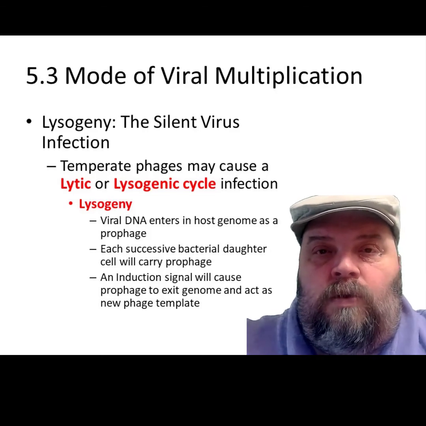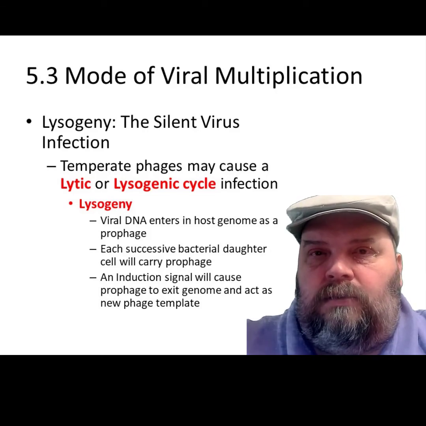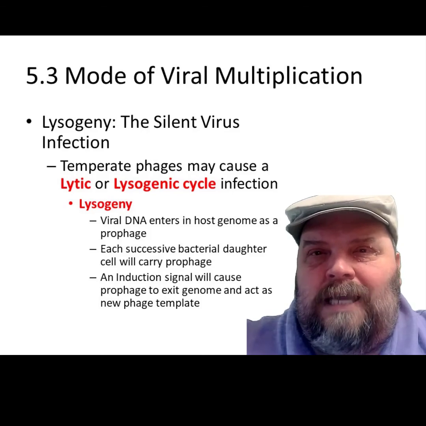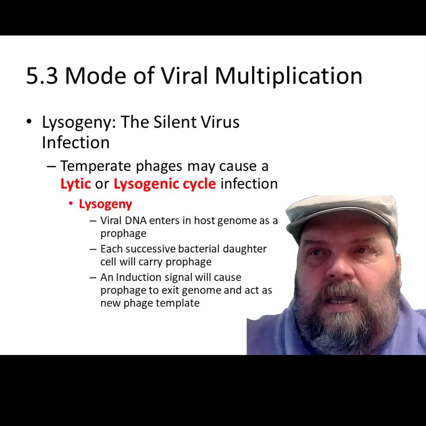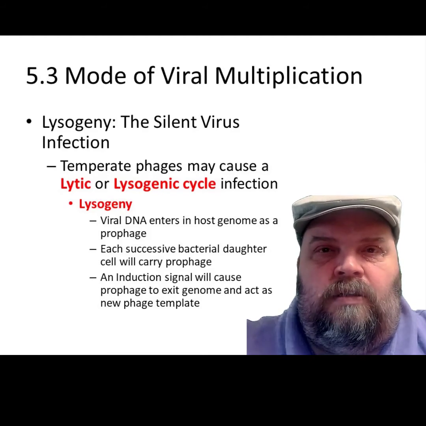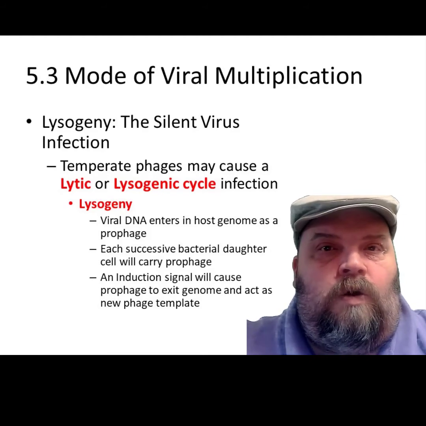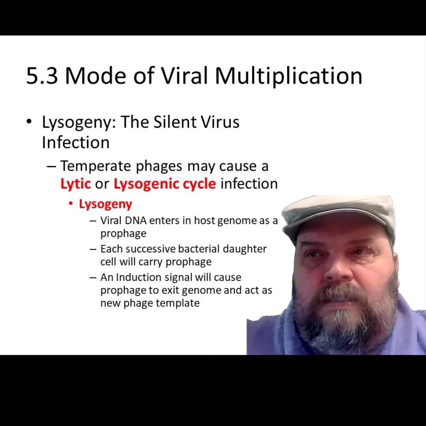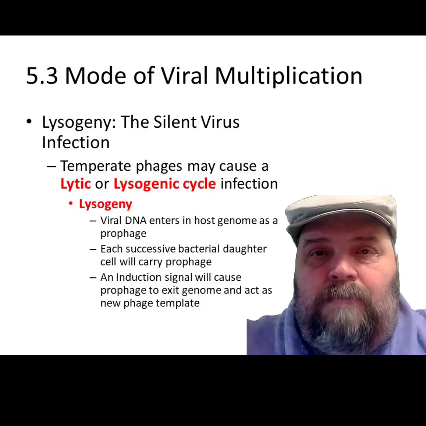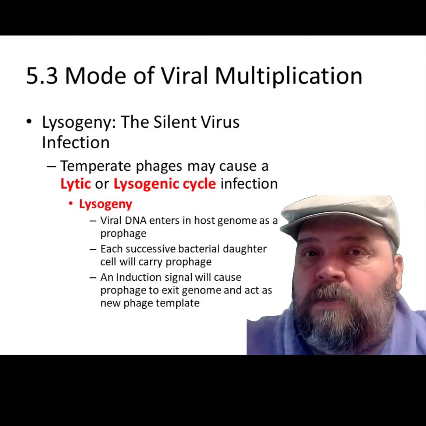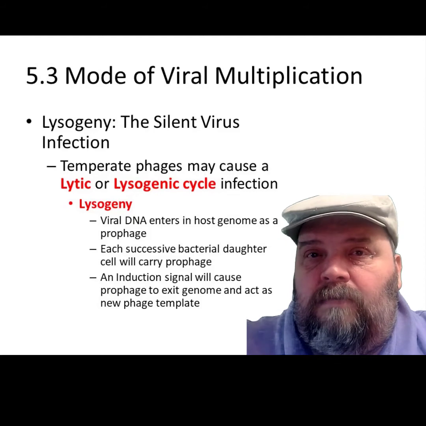Or you get what's referred to as the lysogenic cycle, or lysogeny. The lysogenic cycle is the bacterial version of our latent infection. The viral DNA enters the cell, and then it becomes a prophage, quite similar to the provirus we saw with the animal viruses.